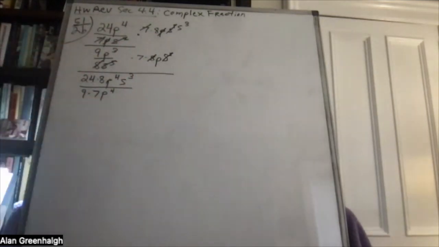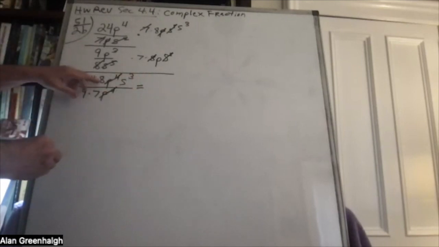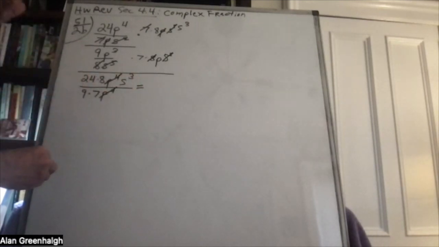Okay. So what can we do now to cancel out a little bit? Well, you could certainly cross out this. That's about it, I think. Otherwise, it's 8 times 24, which is 192, s to the third, divided by 63.